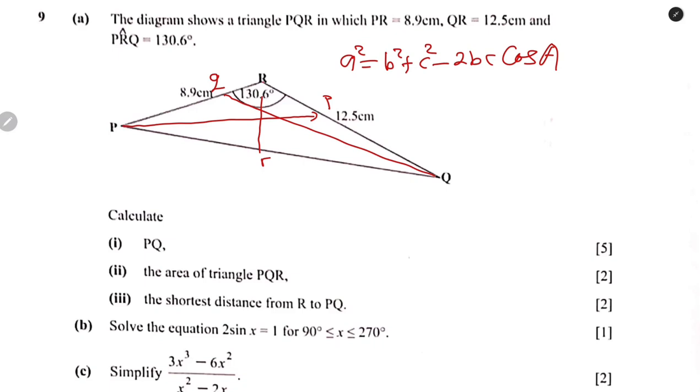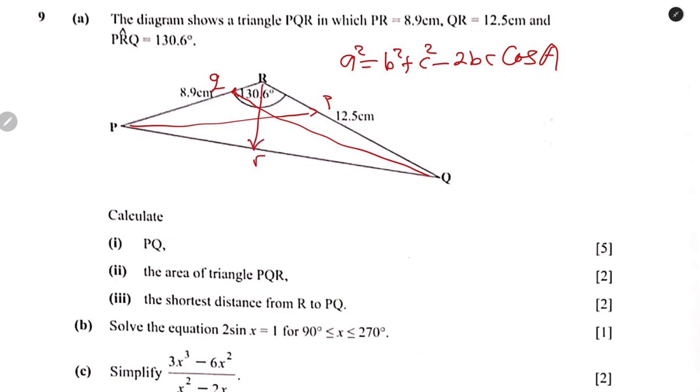Small letters represent distances, and capital letters represent the angle. So the angle here is R, this angle is sitting at R. I guess that you've gotten that part. Then we have small letter r.